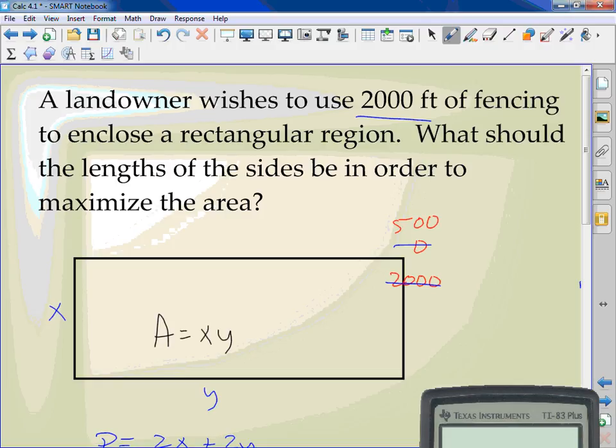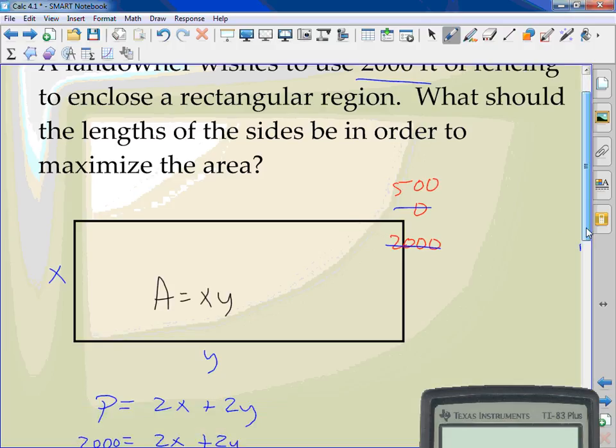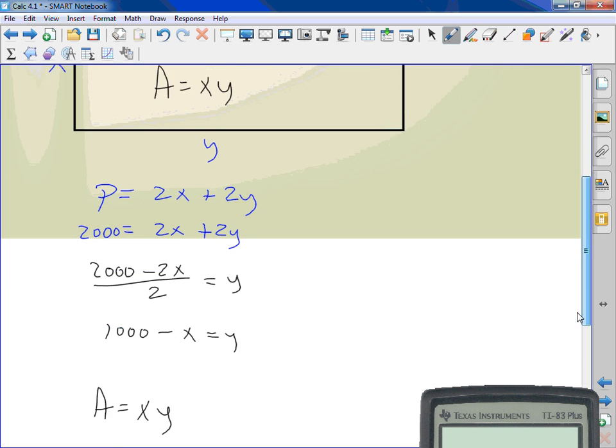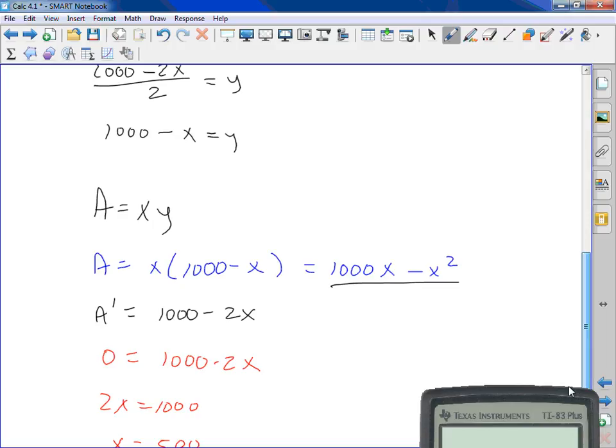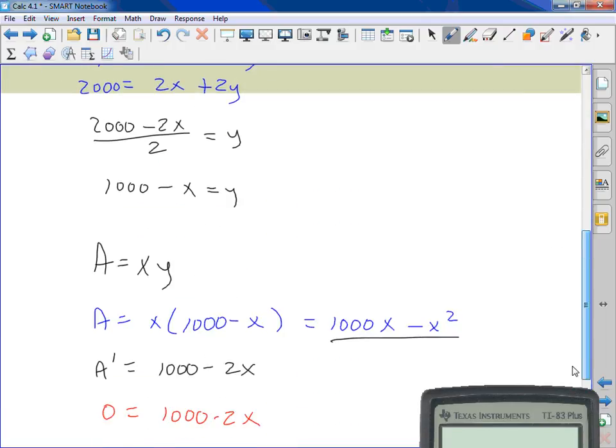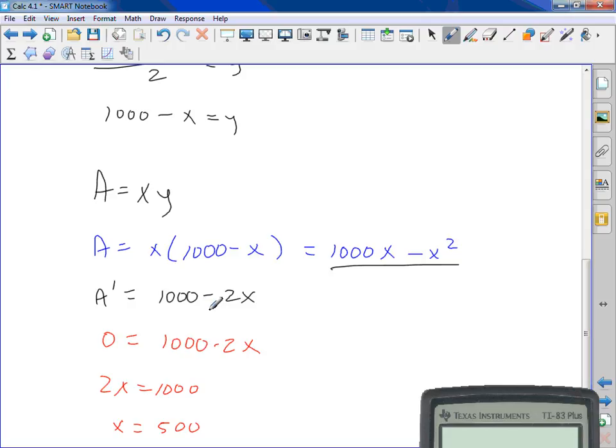So solve for the 500. Put 500 in and solve. Now there's all these formulas. Which one do I put it into? Am I going to put in perimeter, the area, or the derivative? Not the perimeter.